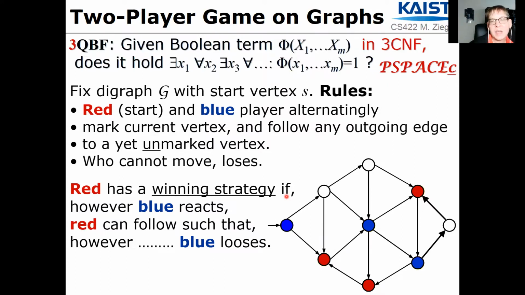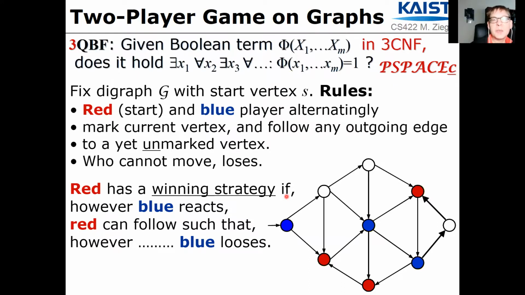Let me say that again. A winning strategy is something where blue has no possibility at all to win, provided that red plays optimally. Yeah, maybe that's a good way of phrasing it. A winning strategy is an optimal way of moving for red. Optimal in the sense that whatever blue does, again, there's an optimal follow-up move for red, and so on until in the end blue loses. That's a winning strategy for red.